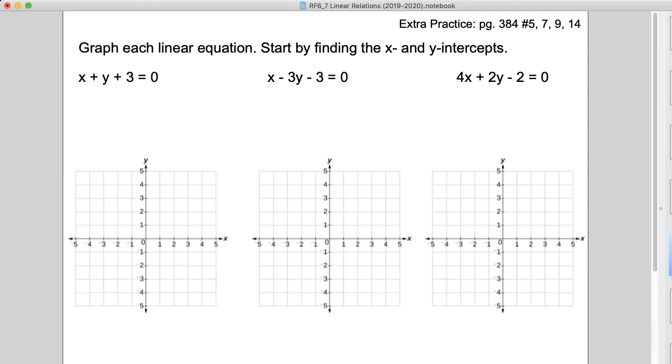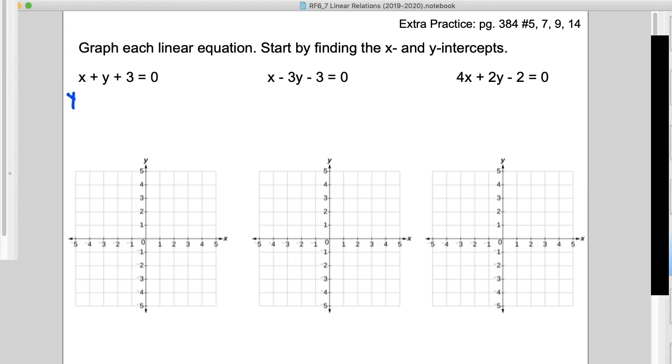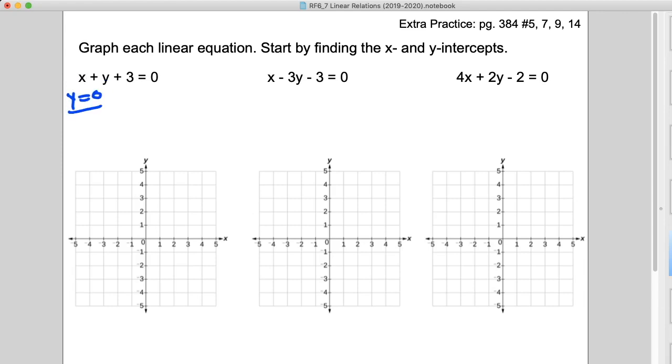So to start us off, we're going to look for your x-intercept. So basically when y is equal to 0 is what we're going to look for first. So when y is equal to 0, instead of having x plus y, we'll have x plus 0 plus 3 is equal to 0.